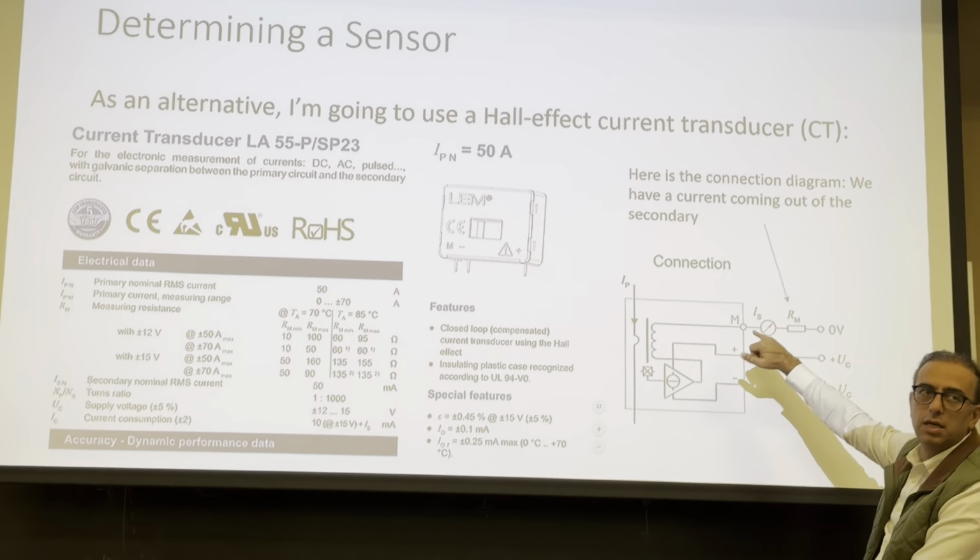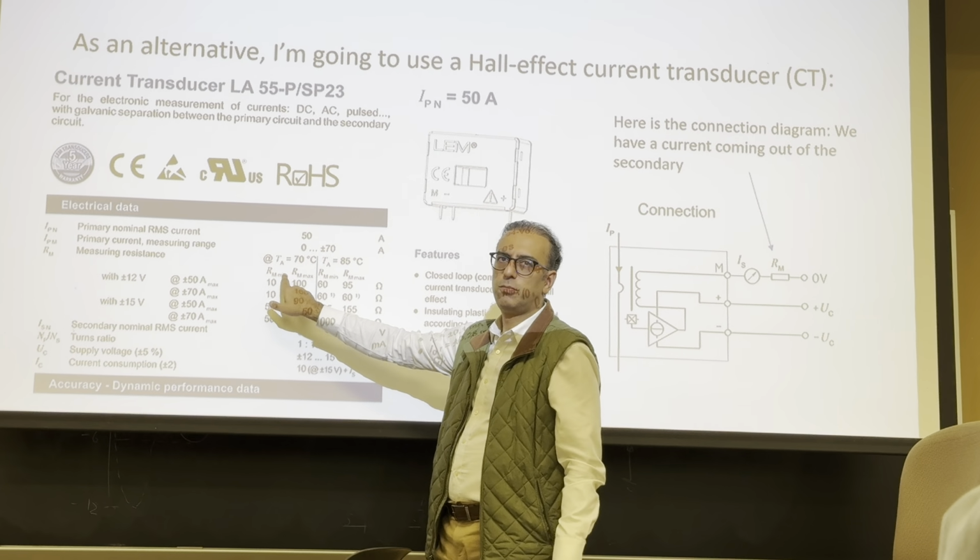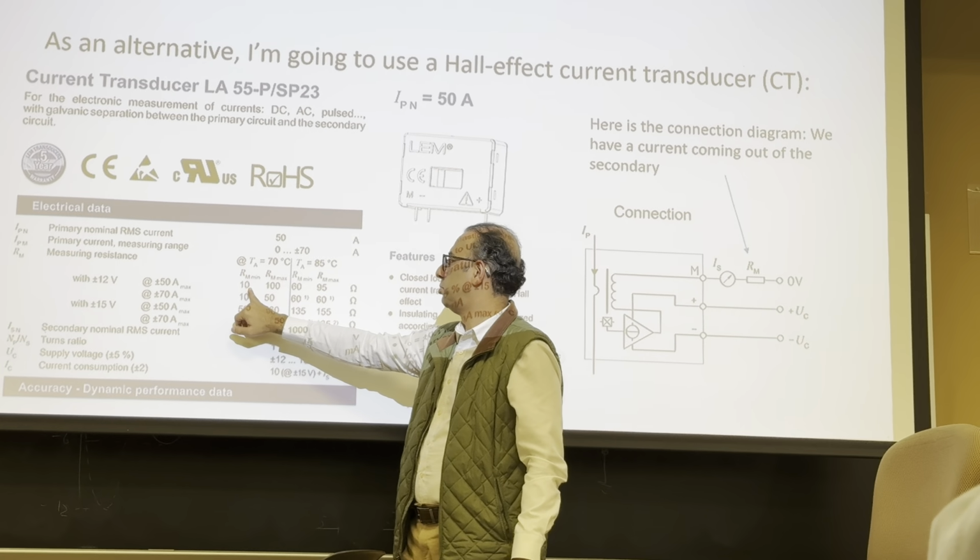For instance, if your bias is 12 volts, it says if you want to measure plus minus 50 amps, the R, if the ambient temperature max is 70, should be between 10 and 100 amps.